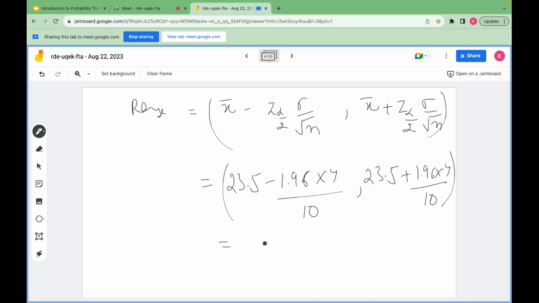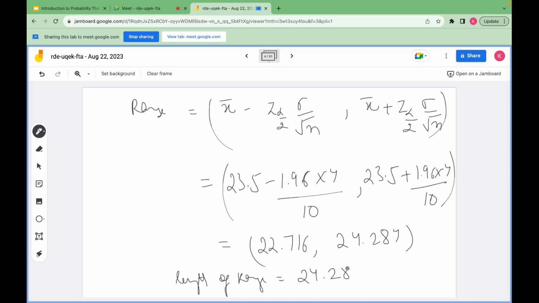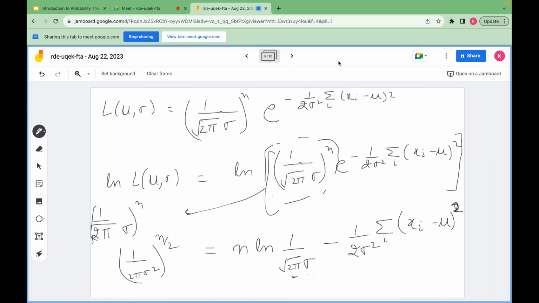This range will come out to be 22.716 to 24.284. The length of range is this higher limit minus lower limit, 24.284 minus 22.716, which is 1.568.